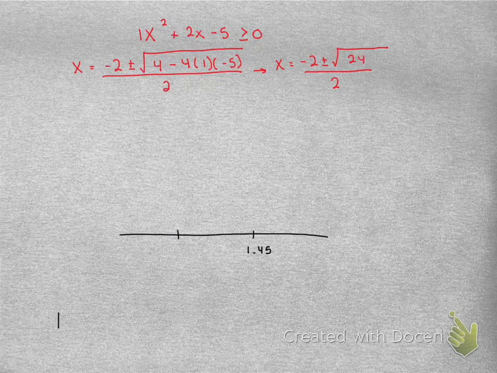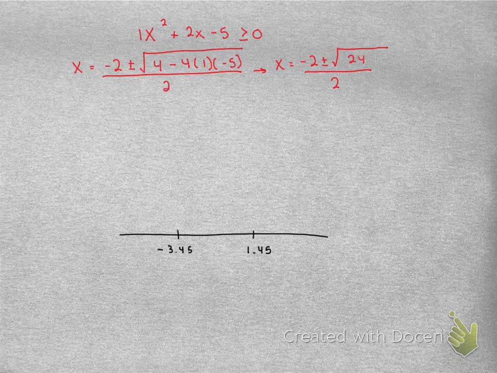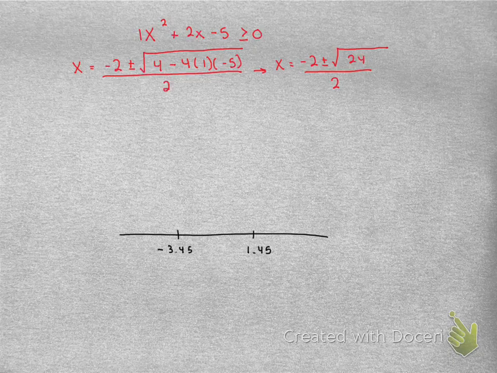And then negative 2 minus the square root of 24 equals, and then divide that by 2, and you get negative 3.45. Okay, so again, we don't need to worry about the simplification of the square root of 24 when we are simply needing the decimal equivalents to go on our table.